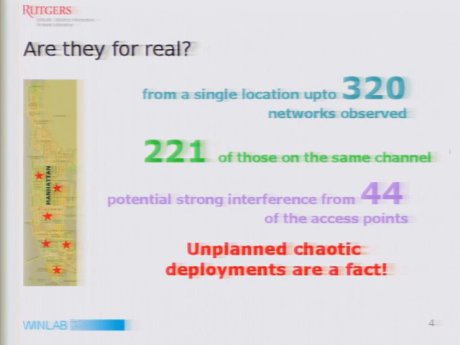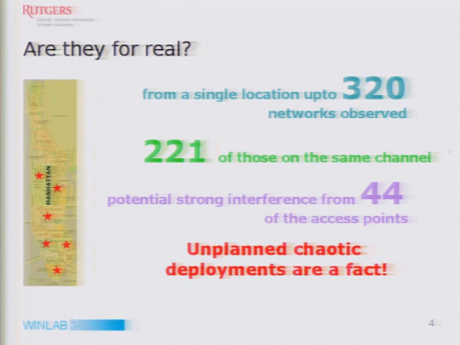After finding the maximum number of access points, we didn't go with Yagi antennas or any kind of fancy equipment. We just used regular clients sitting in the car itself with regular 3 dBi rubber duck antennas. We just recorded what we were seeing, and this is from one of the locations. From a single location we saw 320 individual networks, and over 220 of them were operating on the same channel.